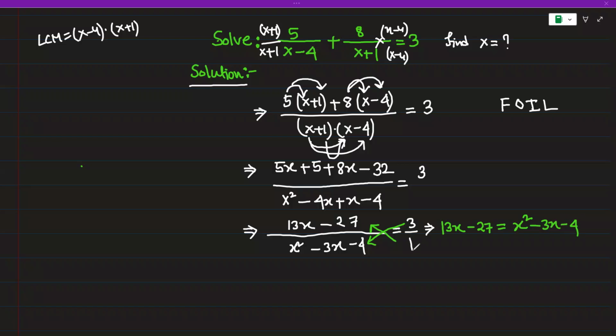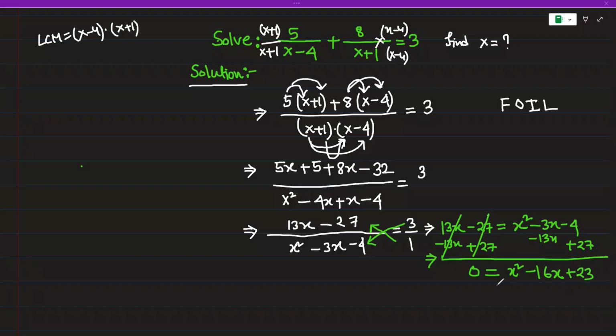Now we arrange all of them on the right side. So we add negative 13x on both sides, and we add positive 27 on both sides. So this cancels, and on the left side we get 0, and on the right x squared, negative 3x, negative 13x, we get negative 16x plus 23.